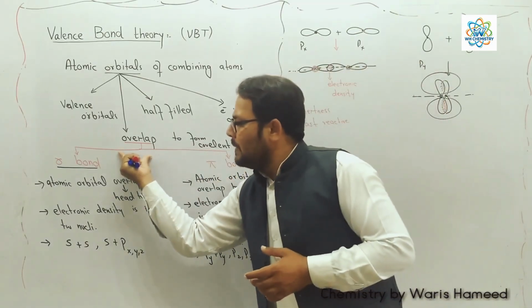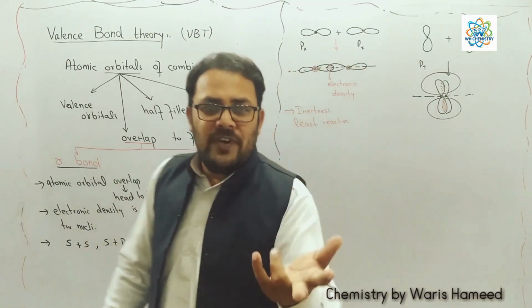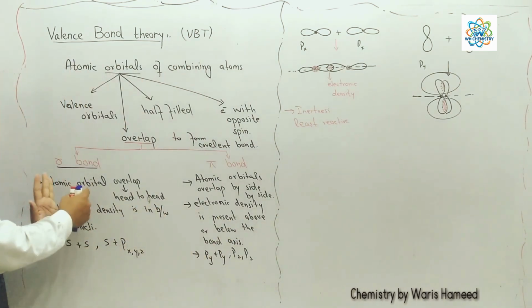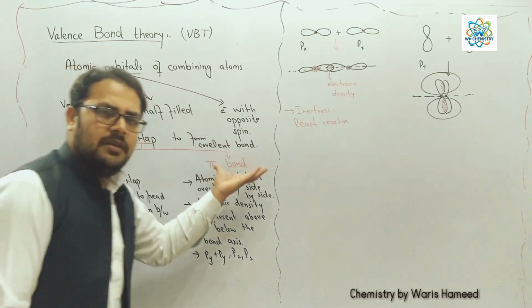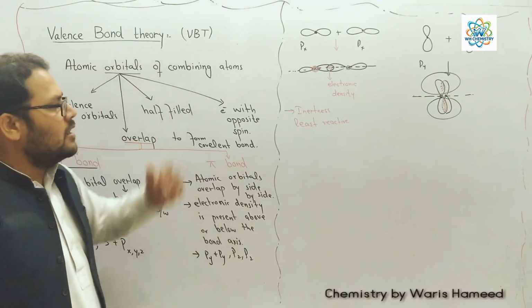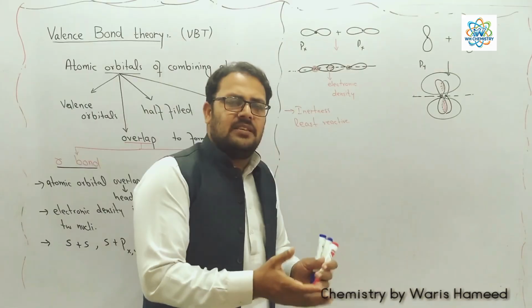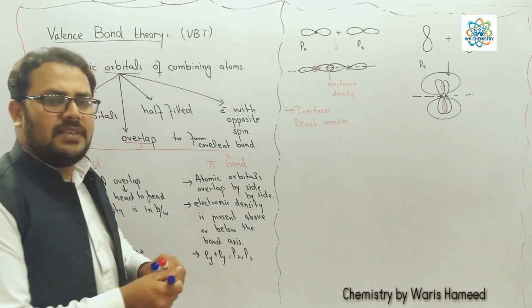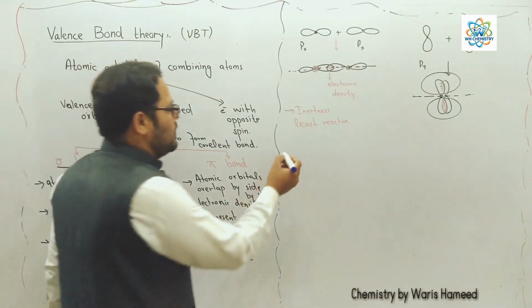And this overlapping has two ways. First is head-to-head overlap forming sigma bond, and second is side-by-side overlap forming pi bond. Now I am going to discuss a few examples according to VBT. First example is hydrogen molecule, H2 molecule.